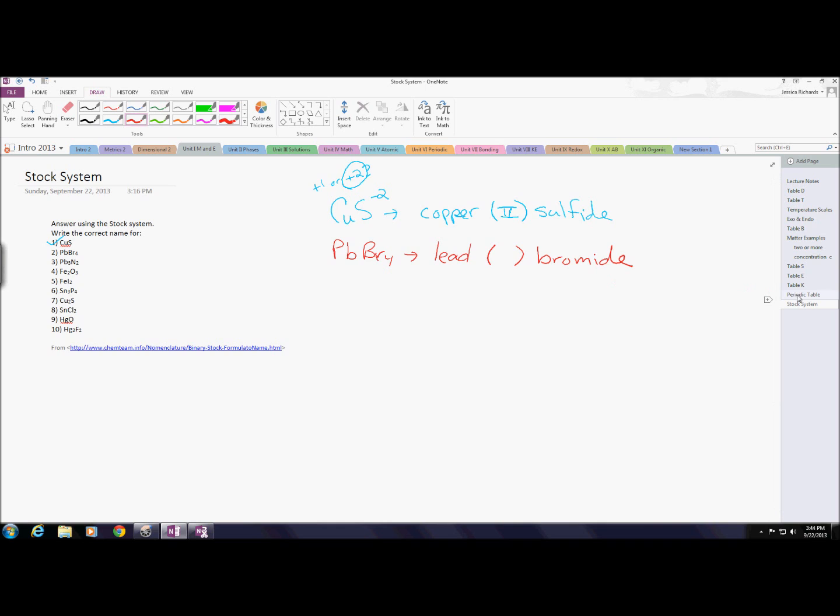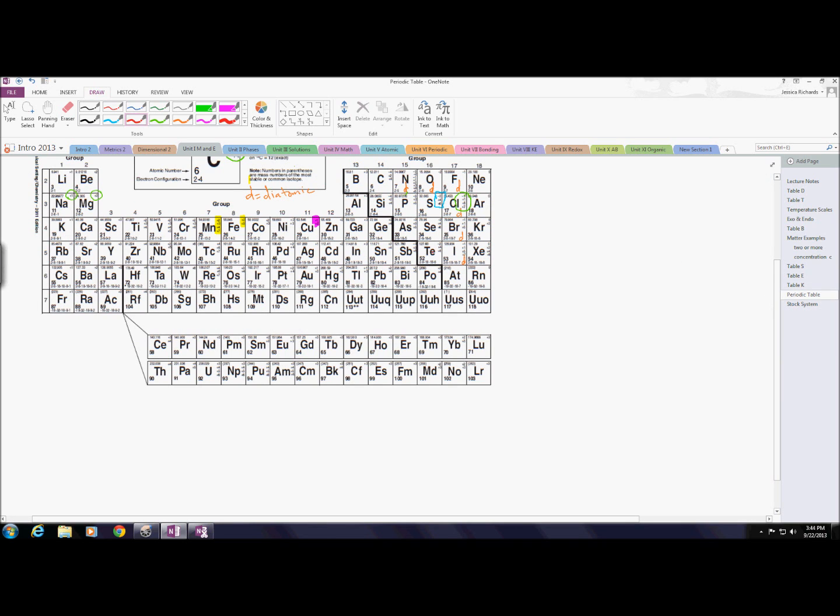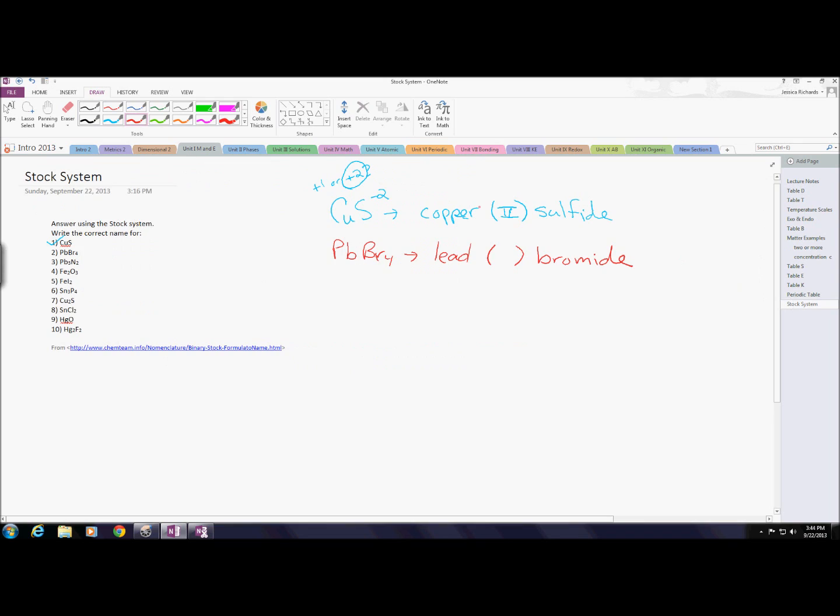I need my periodic table, and I need to look up lead and bromine. So lead is here. It's going to be either +2 or +4. And bromine, when it's negative, is -1. So lead +2 or +4, bromine -1. Don't know which yet.